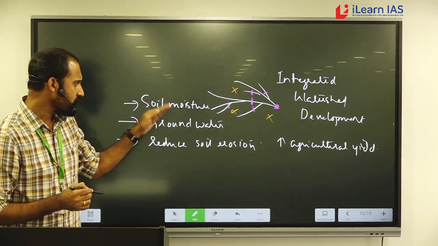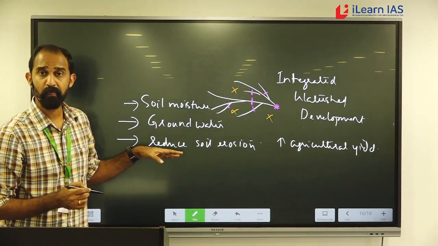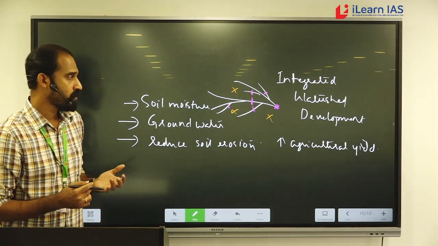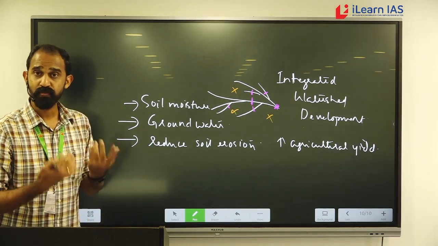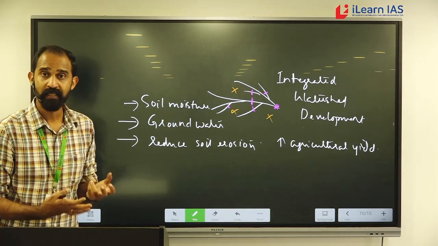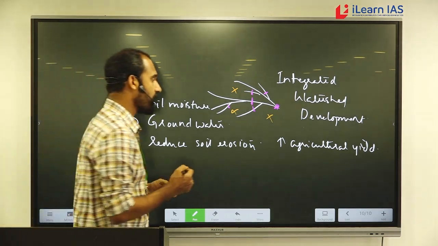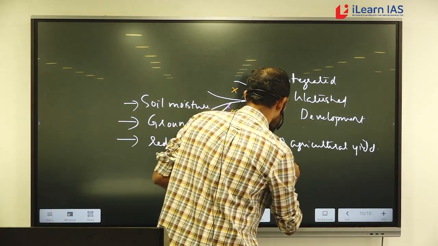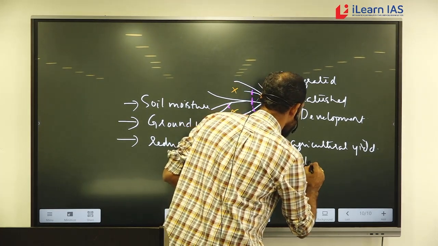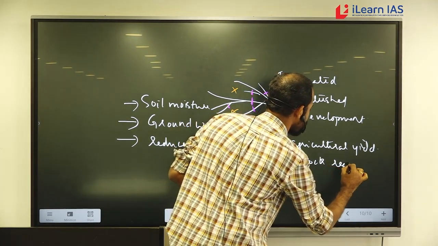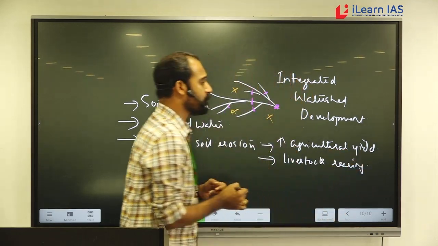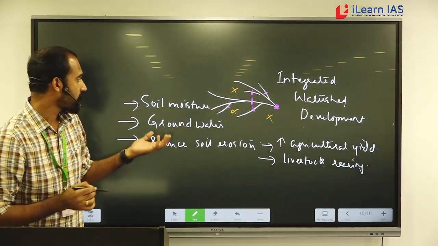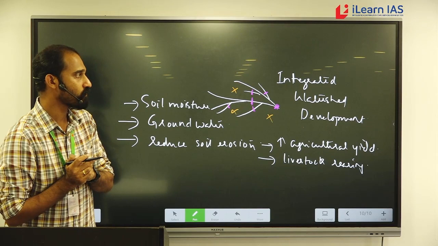Similarly, because of all these factors, there will be more natural vegetation. And this natural vegetation is useful for people who are engaged in livestock rearing. People will be having some livestock in the village setting. So livestock rearing will become much easier in an area associated with the integrated watershed development program.